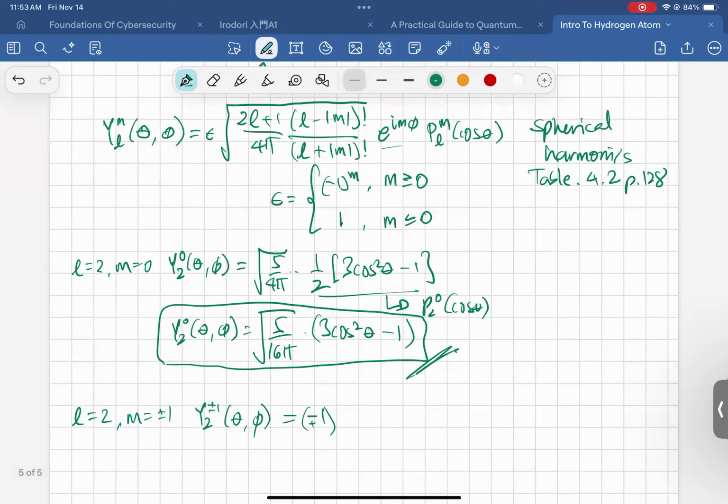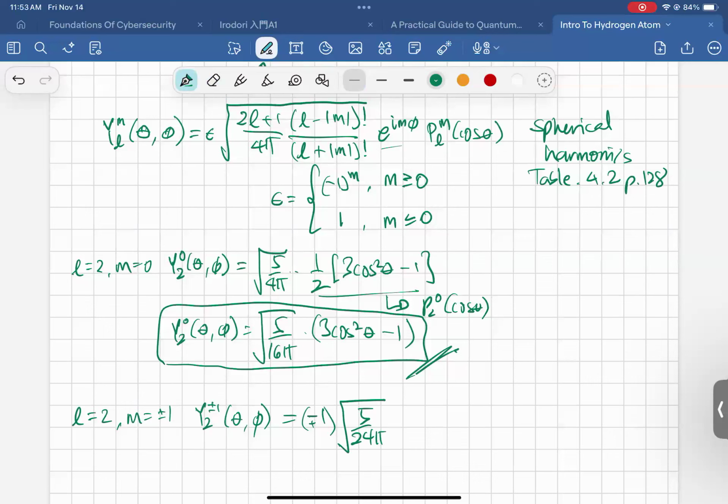So 2 times L plus 1, that's 5 over 4 pi. And then L minus 1, so that's 2 minus 1, so that's 1 factorial. And then over L plus 1, so that's 3 factorial. So 1 over 3 factorial, that's 1 over 6, right? Times 1 over 6. So 5 over 24 na siya. Okay, so 5 over 24 pi, and then square root.